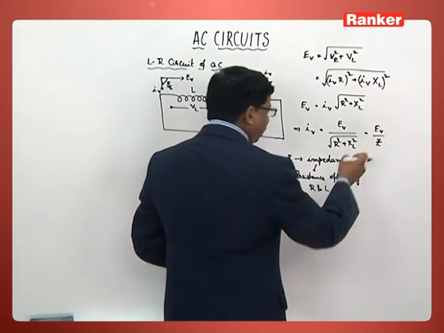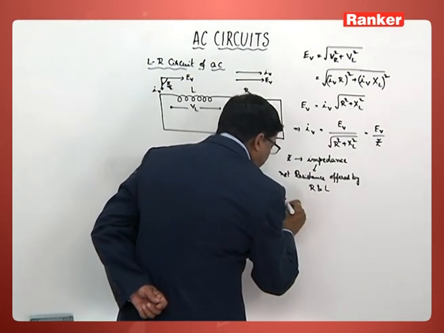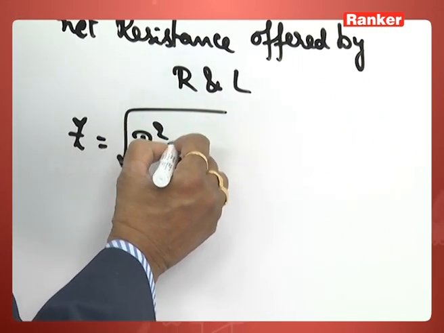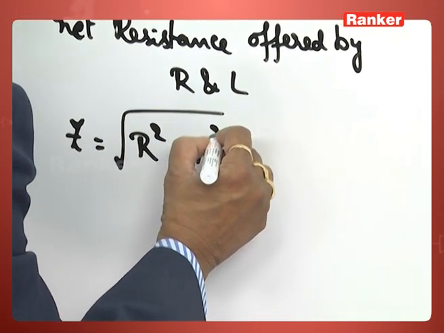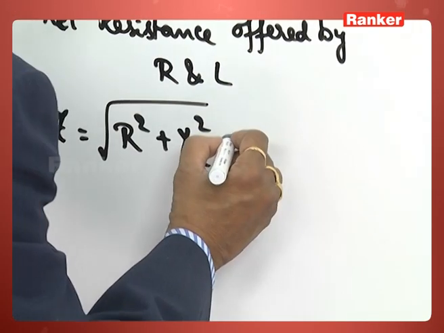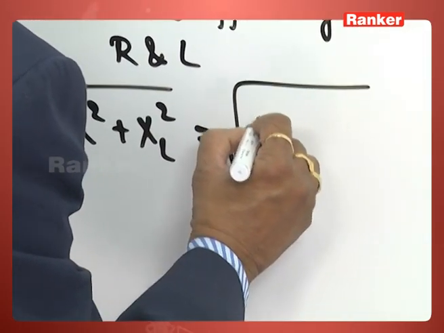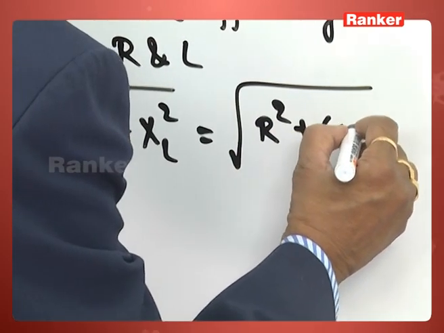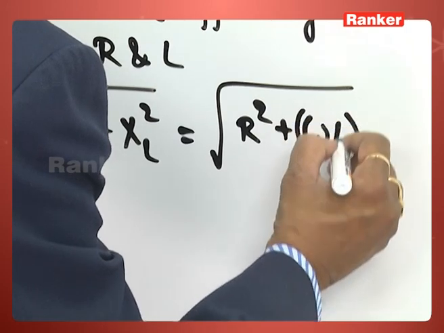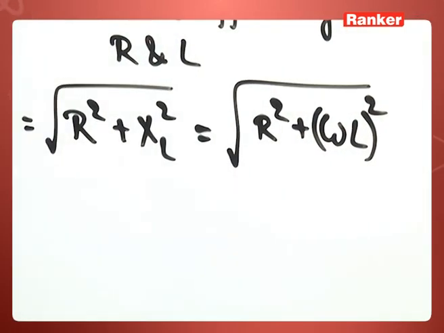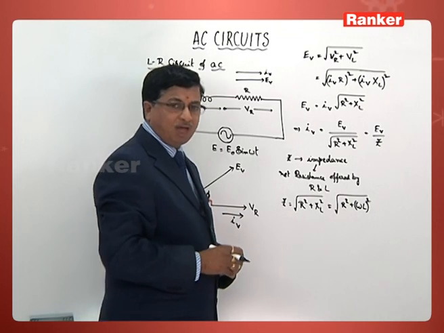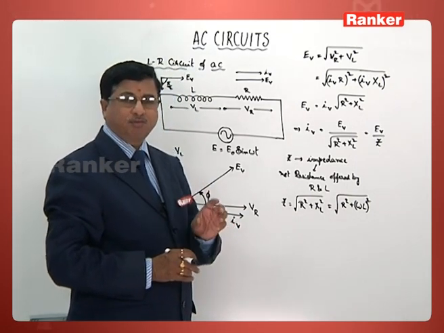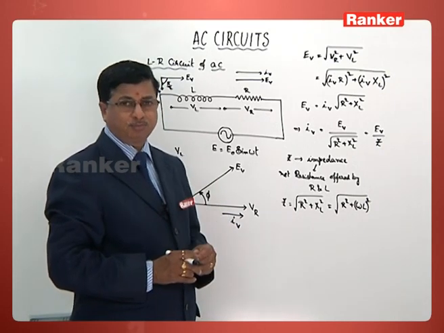The moment we write it as impedance, what is its formula? Z now becomes root over R square plus XL square. In other words, we can rewrite it as R square plus XL, which can be written as omega L, whole square. And this Z is going to have the same units and dimensions of electric resistance itself.